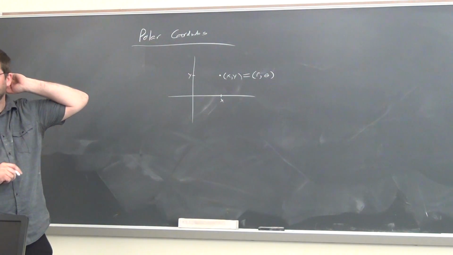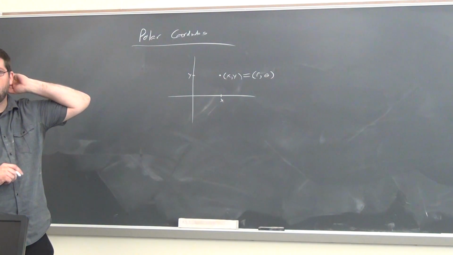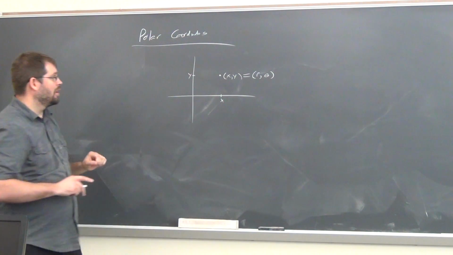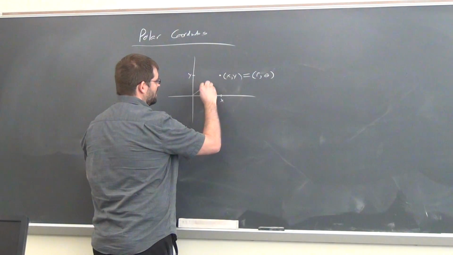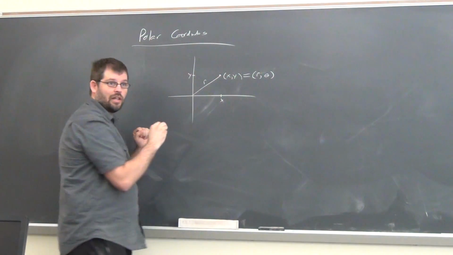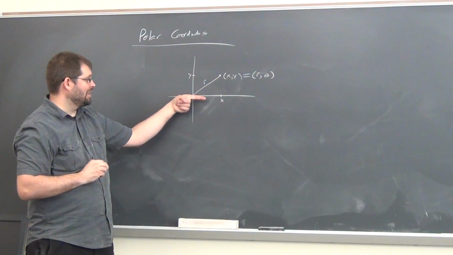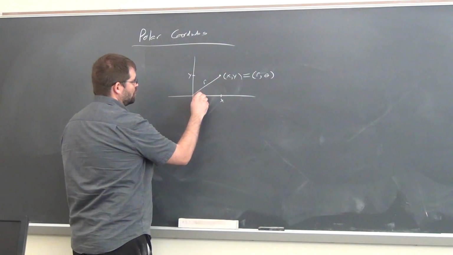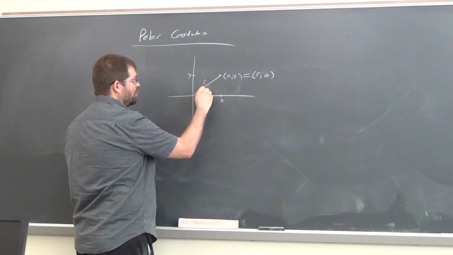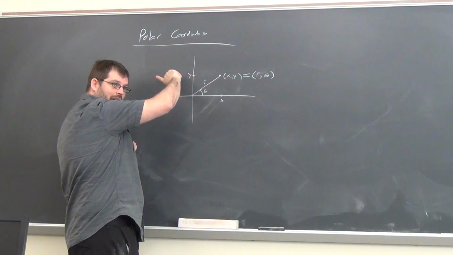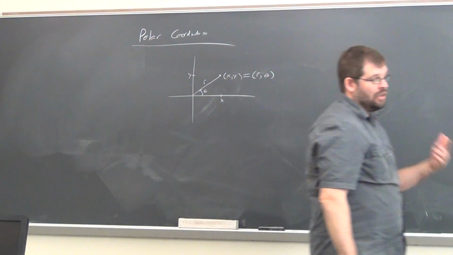The radius, or the distance from the origin. So the r is that distance right there. And what's the theta? The angle with the positive x-axis. I'm just drawing this in the first quadrant, but this point could be anywhere. You take the angle, so you're pointing at that, and then your r is this.